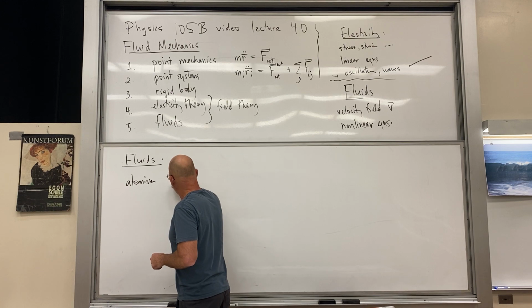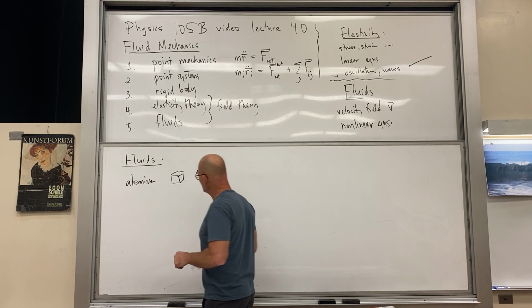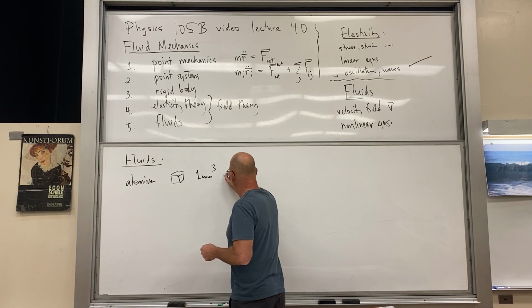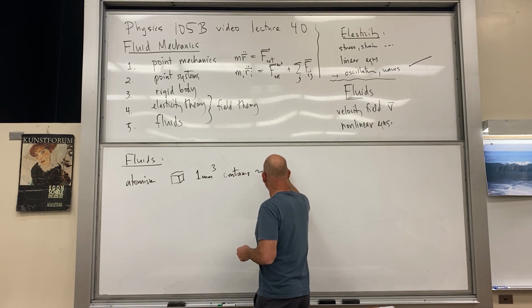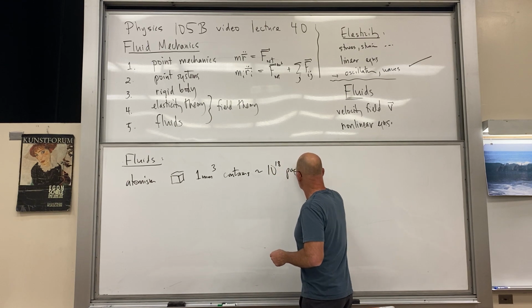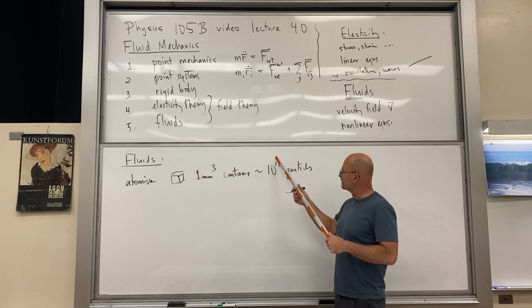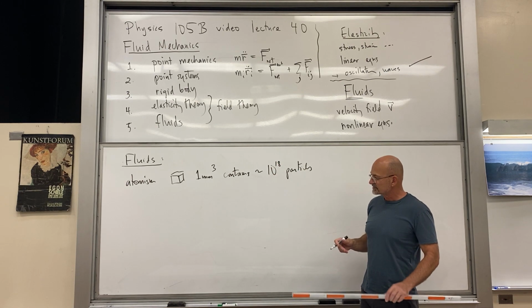Okay, so suppose you had some little cubic millimeter, and you still might have 10 to the 18 particles inside. And the same, you know, with a gas, a couple of orders of magnitude smaller, but still an enormous amount.